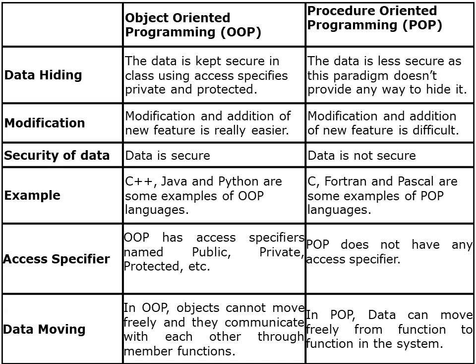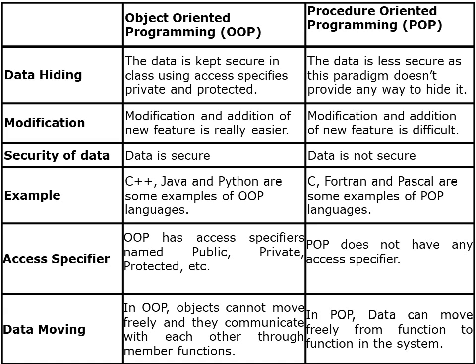Ninth, examples of languages. In object oriented programming, the languages used are C++, Java, Python. For procedure oriented programming, languages are C, Fortran, Pascal, etc.